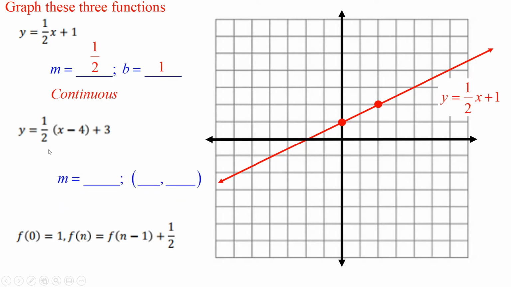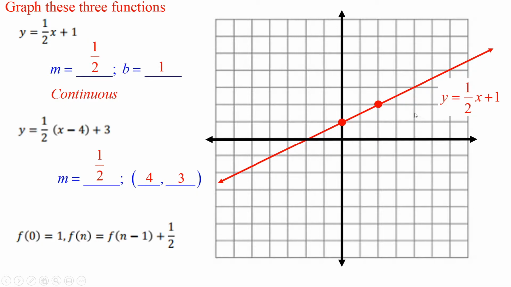So my slope is still 1/2. But now, what's the point that I go through? Minus x sub 1. Well, the x sub 1, or the x-coordinate of the point I'm going to go through, would be a 4, plus y sub 1. The y sub 1 would be a 3. So now I'm going to start at the point (4, 3). So let's find (4, 3). x equals 4: 1, 2, 3, 4.